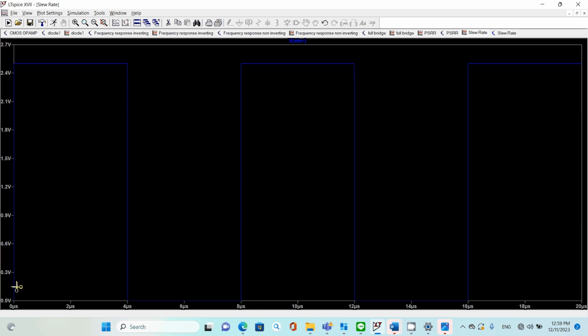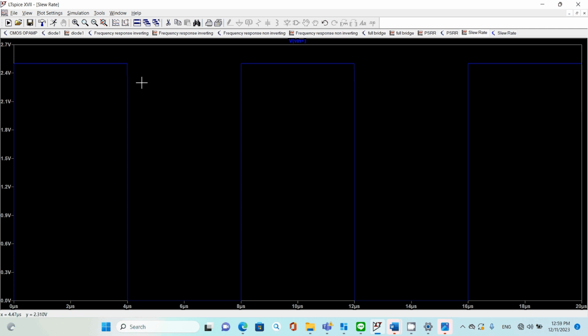And this is your T rise, 1 nanosecond, you cannot see. And this from 2.5 to 0, that becomes T fall. And this is your amplitude, 2.5 volts. And your T on becomes 4 microseconds. See that when you have 2.5 volts, your period is going to be 8 microseconds.